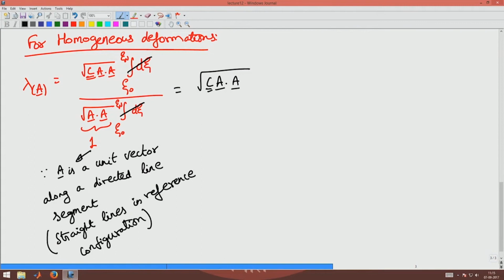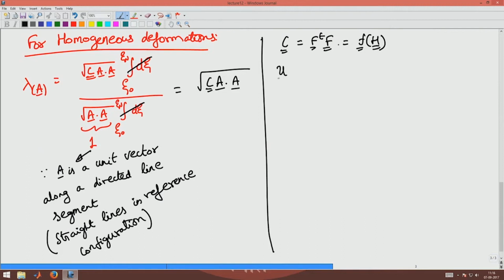Okay. So, now I want to compute C in terms of what was C? C was F transpose F. I want to relate this as a tensor function of capital H. Okay.